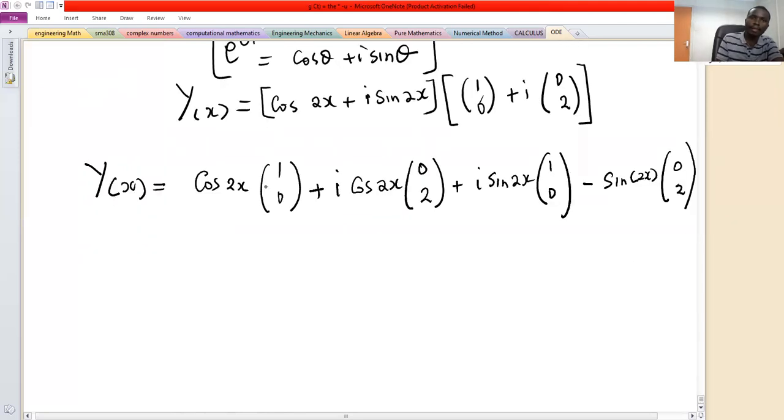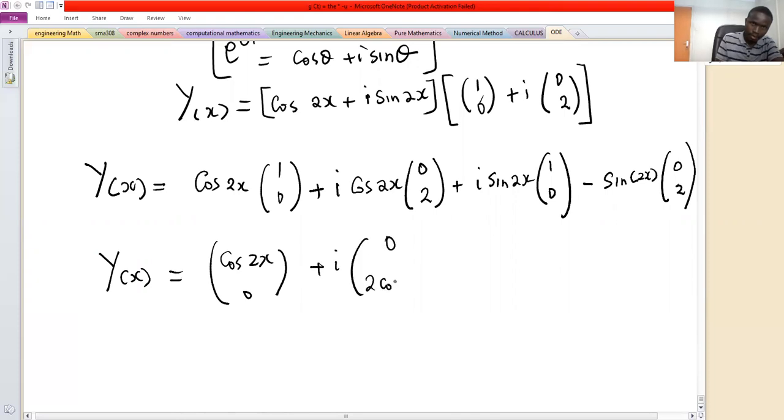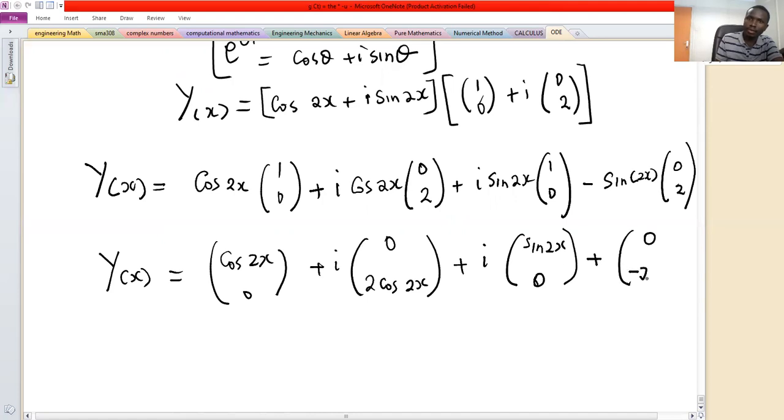Before collecting the real parts and the imaginary parts, let's just simplify this. All this will be cosine of 2x, 0, plus i 0, 2 cosine of 2x, plus i sine of 2x, 0, and then plus 0, and then minus 2 sine 2x.